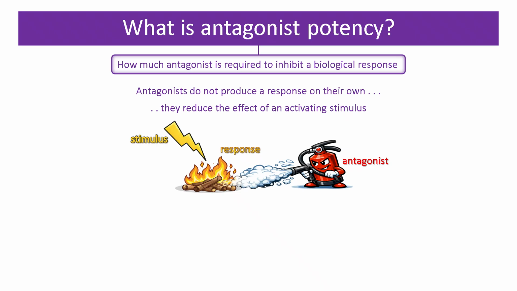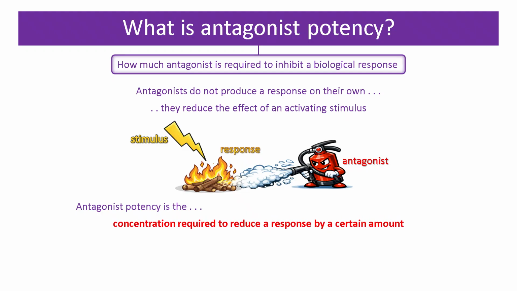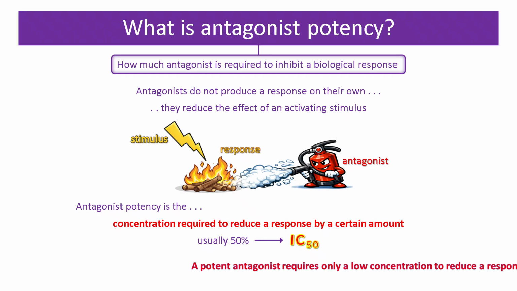In practice, antagonist potency is quantified as the concentration needed to reduce a measured response by a set amount, most commonly 50%. Giving rise to the term IC₅₀. A more potent antagonist achieves this level of inhibition at lower concentrations.